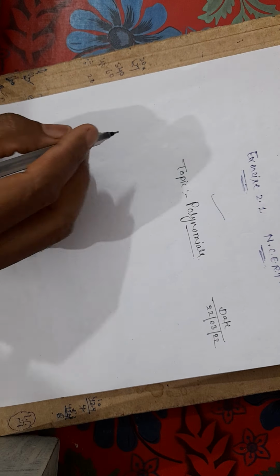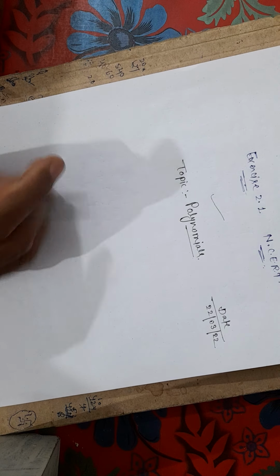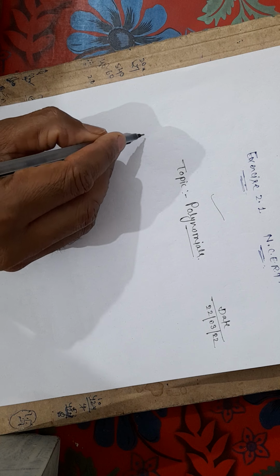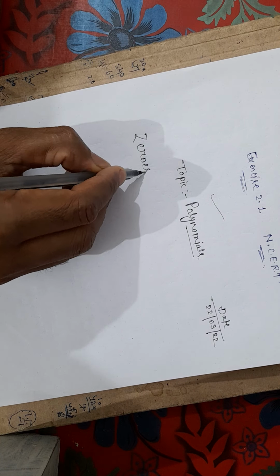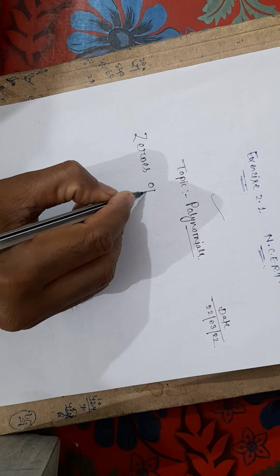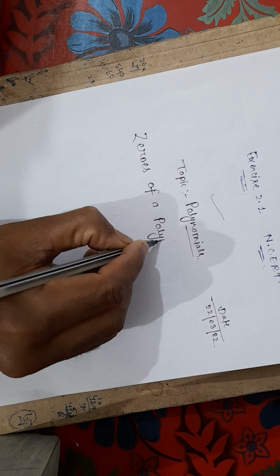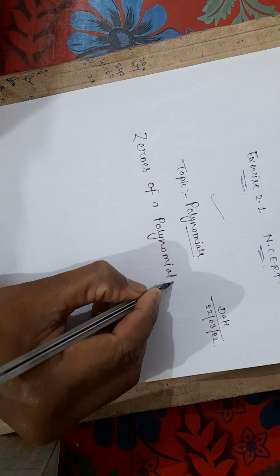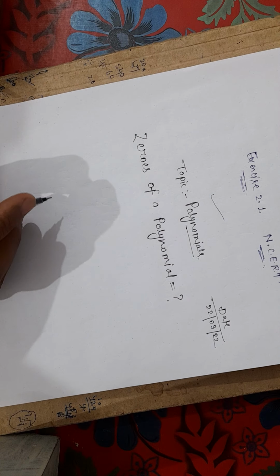So the next part of this book is zeros of a polynomial. How will we find the zeros of a polynomial?